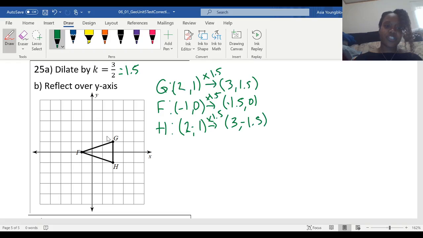So our first point G is going to go to 3, up 1.5. Our second point F is going to go to negative 1.5, 0. Third point H is going to go to 3, negative 1.5.